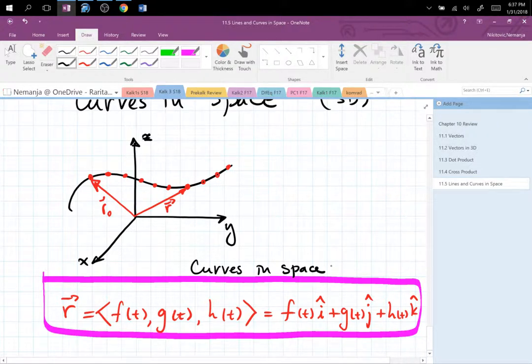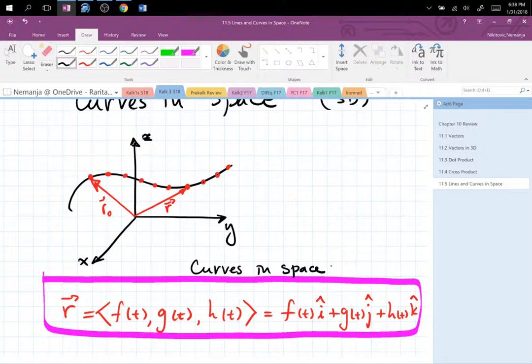Now this is obviously a 3D case because we only have three functions, f, g, and h. Now if you take a look, what we did with a straight line has the same form, except all of these f, g, h functions are linear, and therefore the overall line is linear. What I'm going to do next is start replacing f, g, and h with other functions, quadratic, square root, trigonometric, and so on, which is going to give rise to these curves in space.